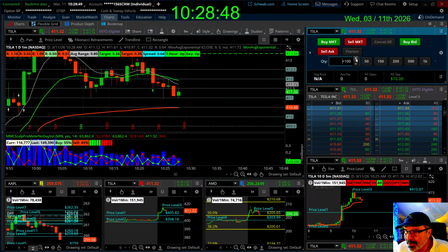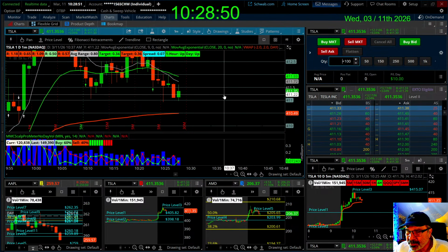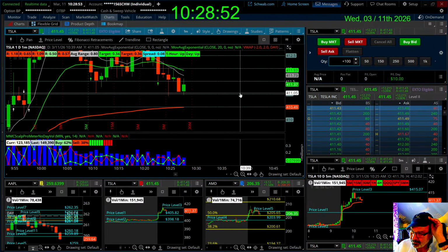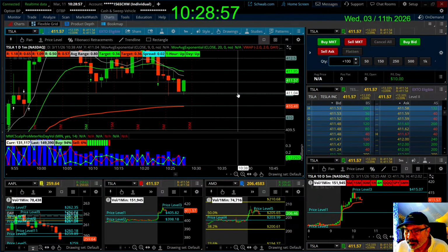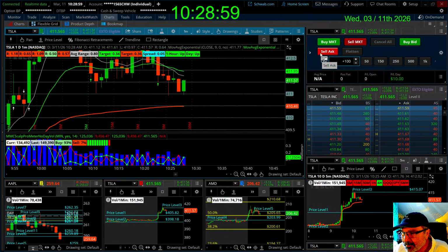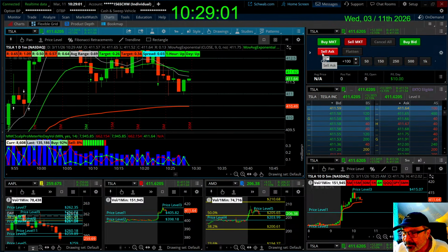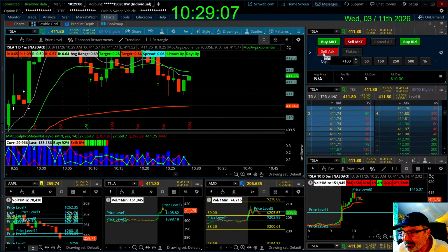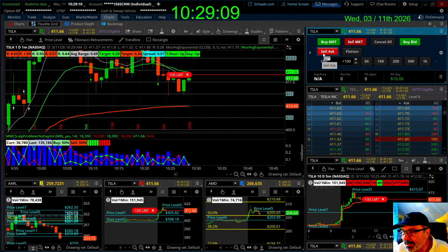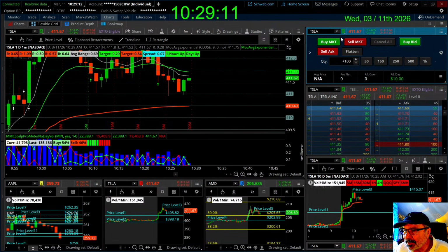Let me get the share size just a little higher because this is going very slow. Is that going to shoot up? Tried to get it at 80. Taking too long getting out.